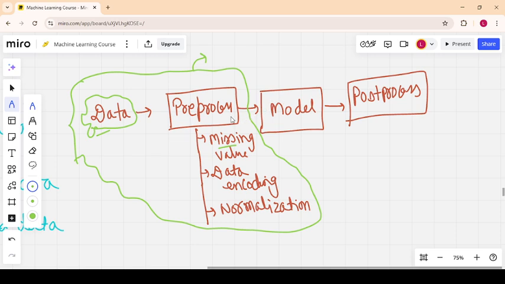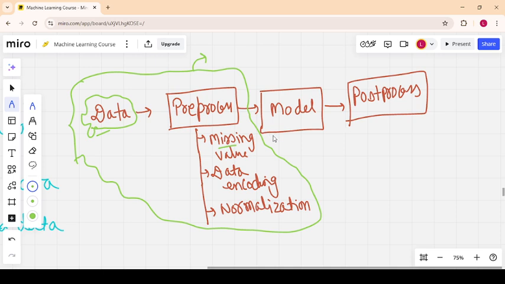Then we pass the dataset into the model. A model may be of different types. If we are working on a regression problem, we use linear regression or support vector machine. If we are working with an ensemble method, like random forest. And after getting an output, we post-process the output, and it will give you an output in a format that humans can interpret.